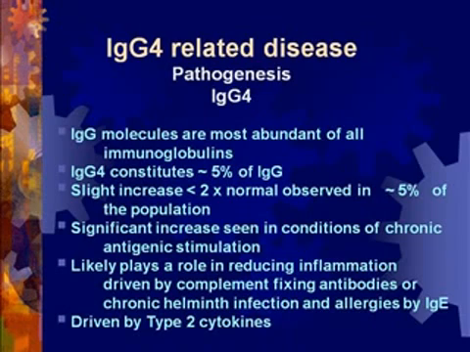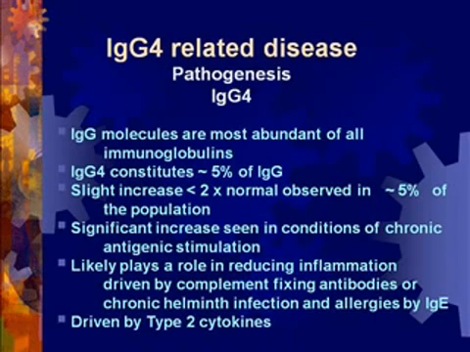It's possible that IgG4 plays a role in reducing inflammation driven by complement-fixing antibodies, or in chronic antigenic stimulation like helminth infection and in patients who have allergies. This particular immunoglobulin seems to be driven by type 2 cytokines. Now, this IgG4 molecule is very unstable.